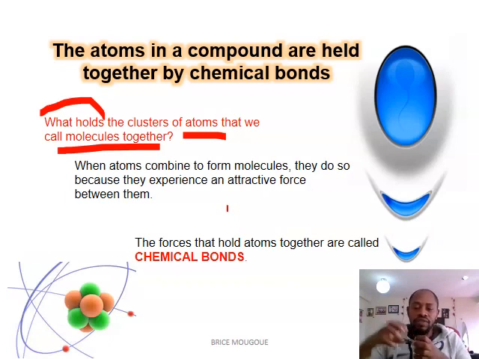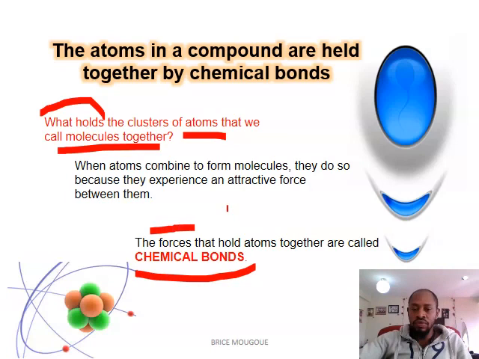One atom comes from this side, another atom comes from another element. They get attracted together to form a bond that we call a chemical bond, which is created as a result of the forces that hold these atoms together when they are about to form a molecule. So chemical bonds exist between atoms that form a molecule.